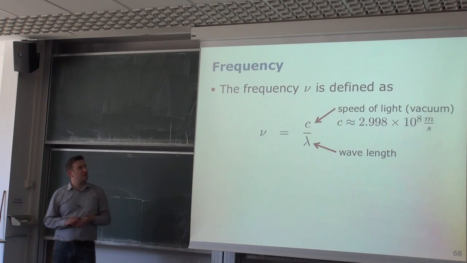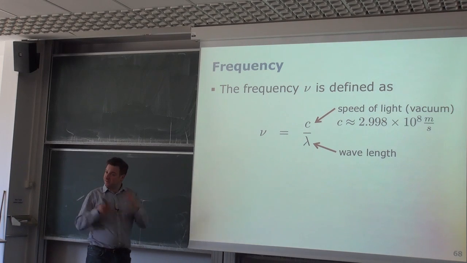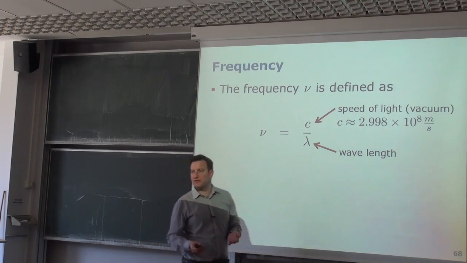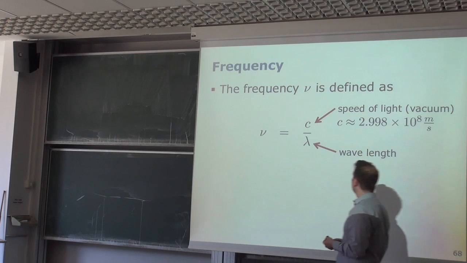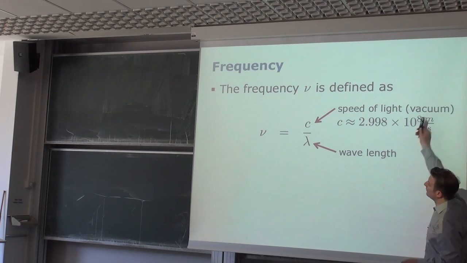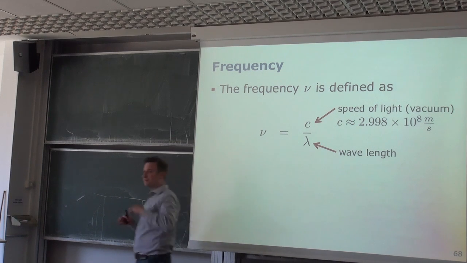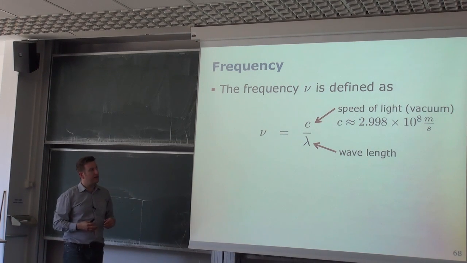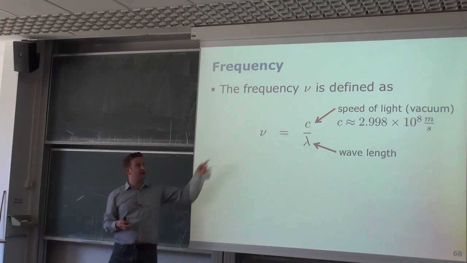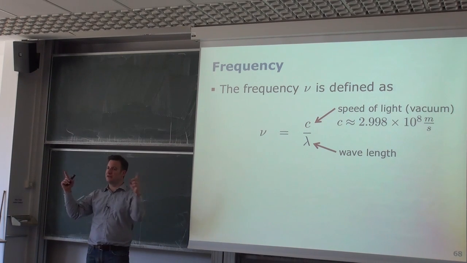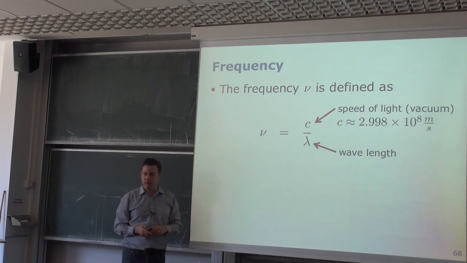Also, one of the things which we need later on, which is important: if it is a wave, this wave has a frequency, and the frequency is related to the wavelength. It's actually the speed of light divided by the wavelength. So these are inverse: the smaller the wavelength, the larger my frequency gets. So that is the length of a wave and the frequency that it has.